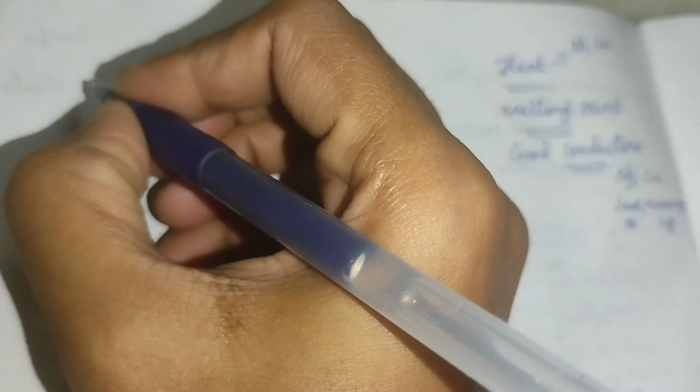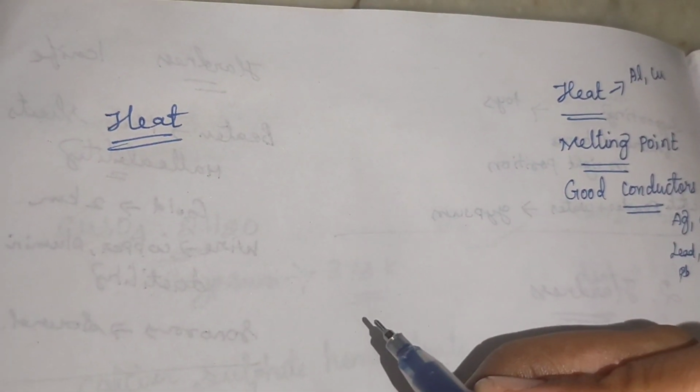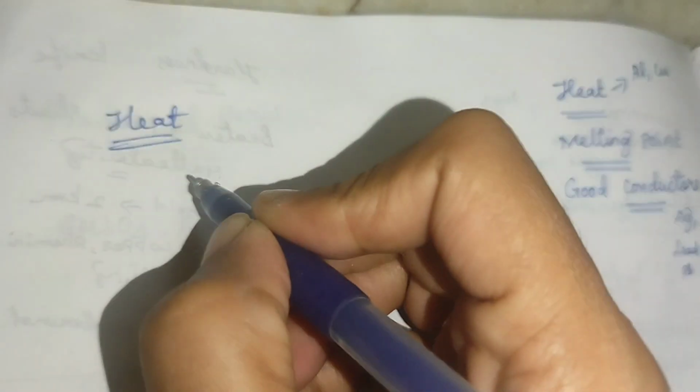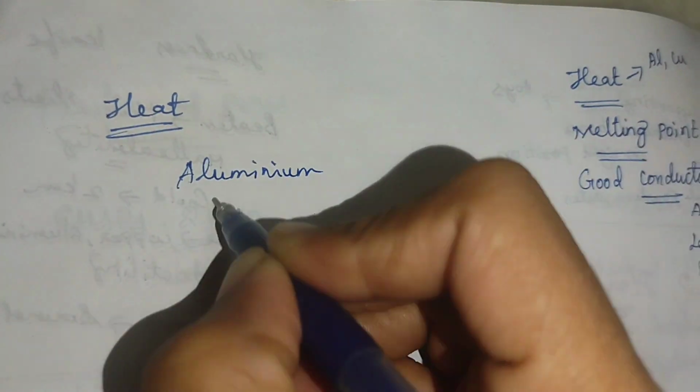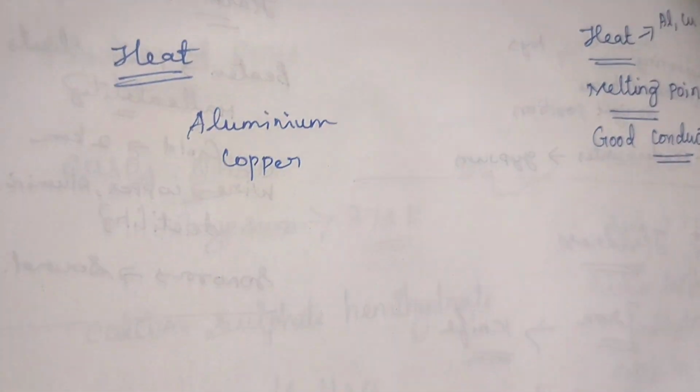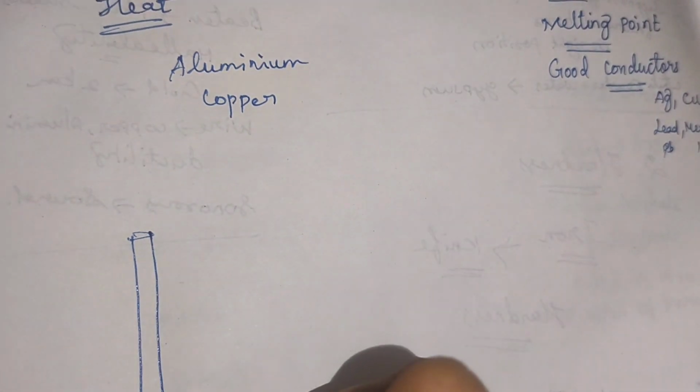Now we are going to see whether metals are good conductors of heat or not. I take an aluminium wire or copper wire, any wire, and fix it in an iron stand.